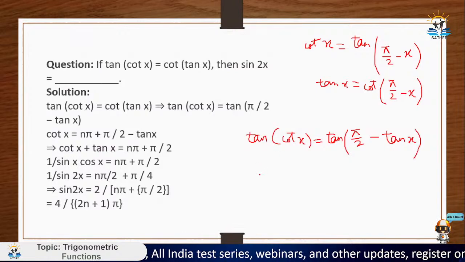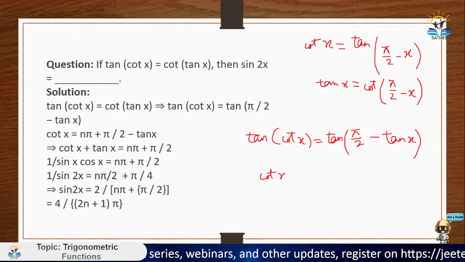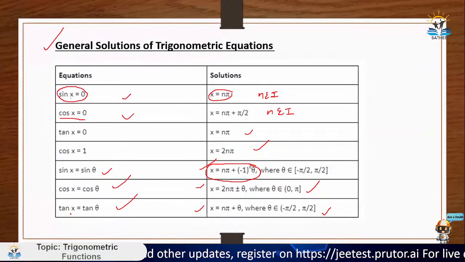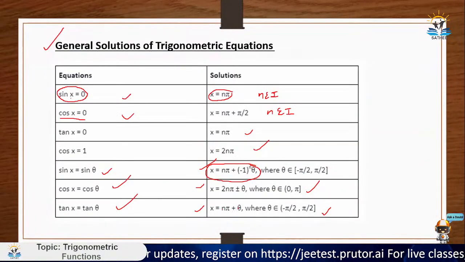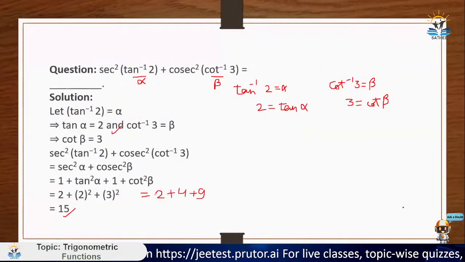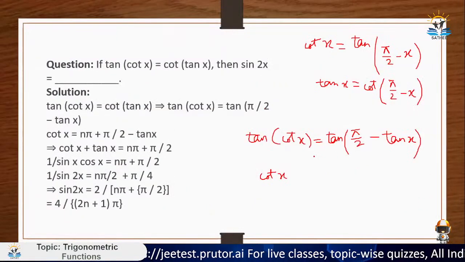Okay. So from here, again you have to use the general formula. So let me show it here. See, when tan x is equal to tan theta, x is equal to n pi plus theta. So here this thing will be used. So let me write it here. See, tan x equal to tan theta here also.